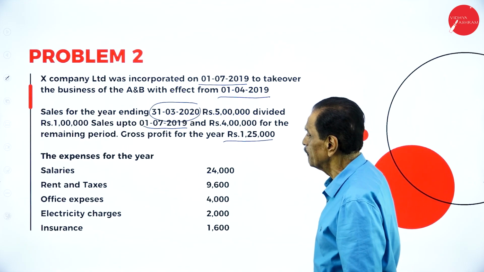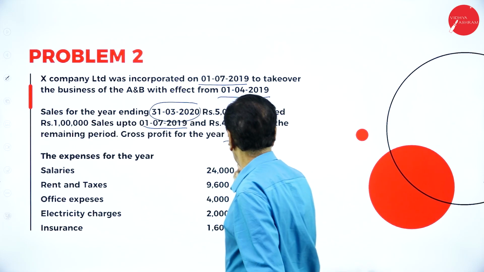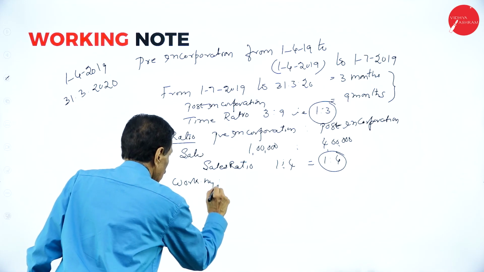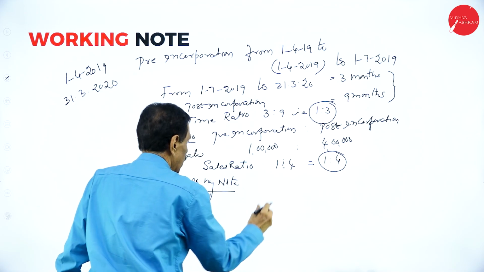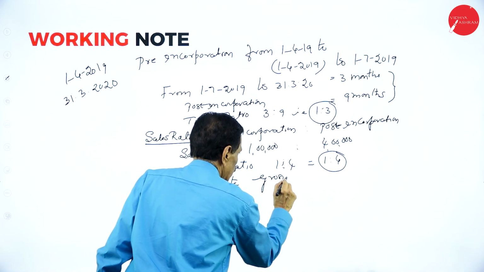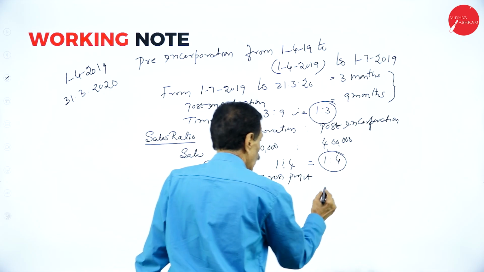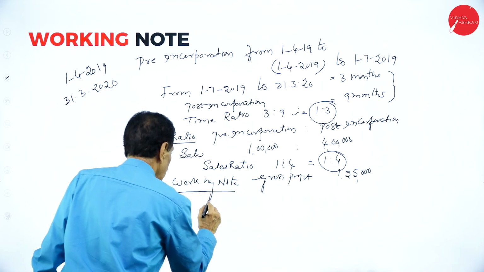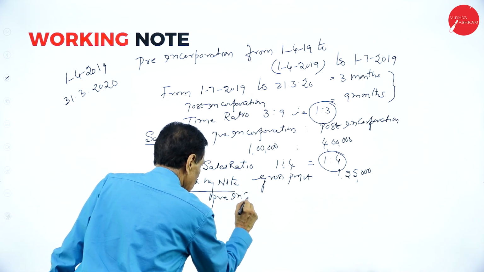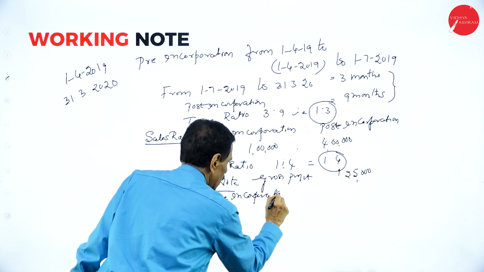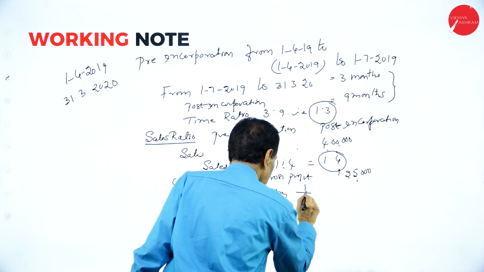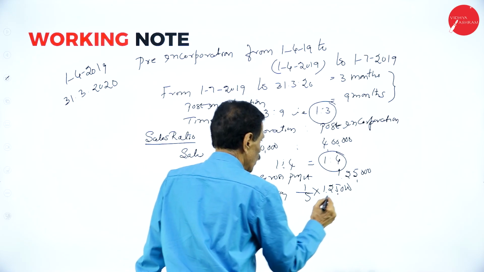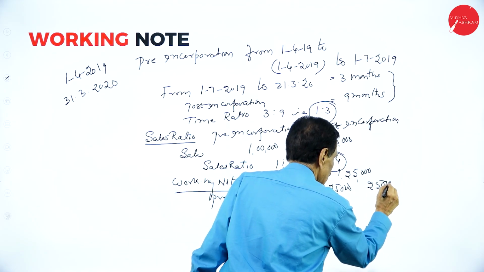Gross profit for the year is 1,25,000. Pre-incorporation is 1/5 of 1,25,000, which is 25,000.